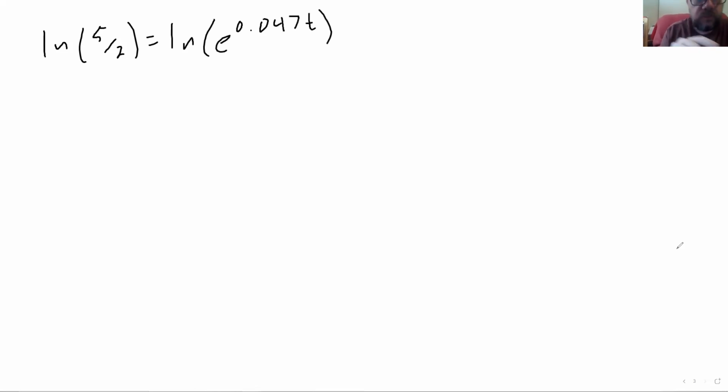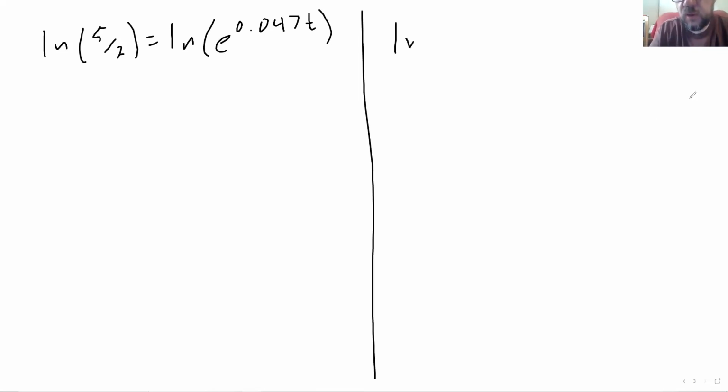Now, I want to make a point here, and that is that this is a logarithm whose base is the same as the base of the exponential you're looking at. So I can use this property that if I have like log base b of b to the, let's say k, that's just k.